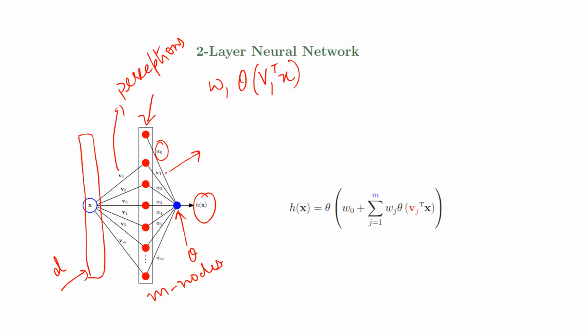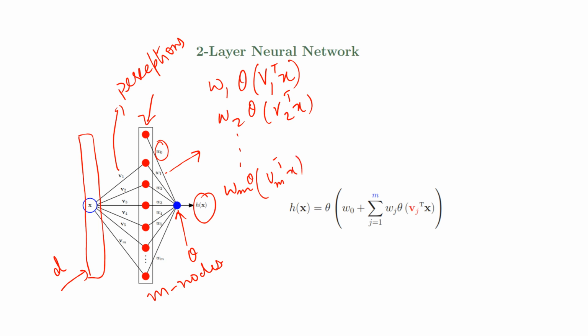And then W2 theta V2 transpose X, and so on up to Wm. Let's say there were m of these, of course. Theta Vm transpose X, right? This is exactly what's going on here.